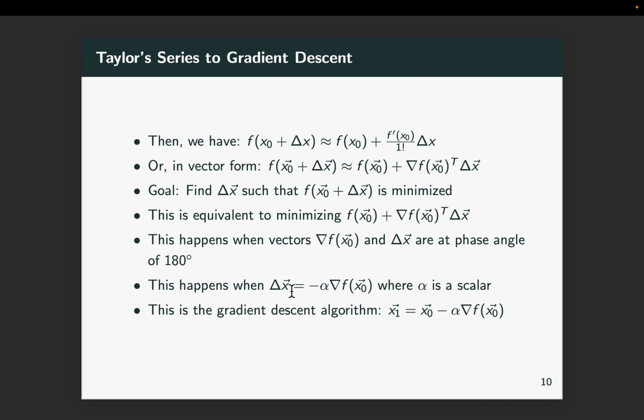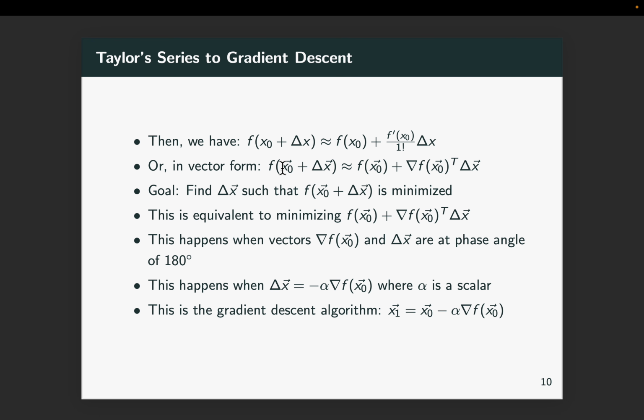If we keep delta x to be minus alpha, which is some scalar, times the gradient, which is a vector, we can then minimize f of x naught plus delta x, right. Alpha is some scalar, which is typically called the learning rate, or the step rate, in optimization algorithms.